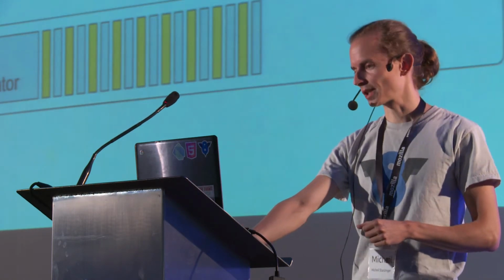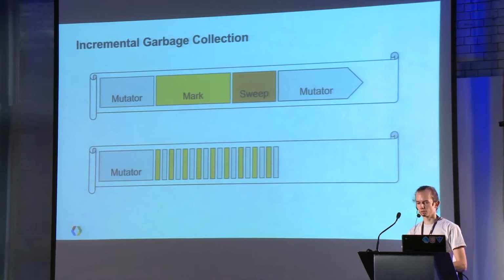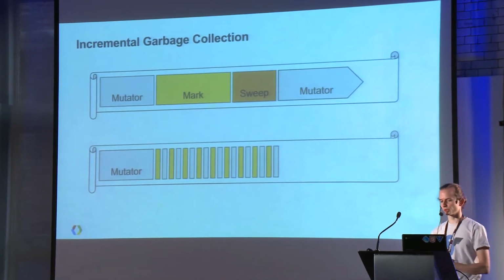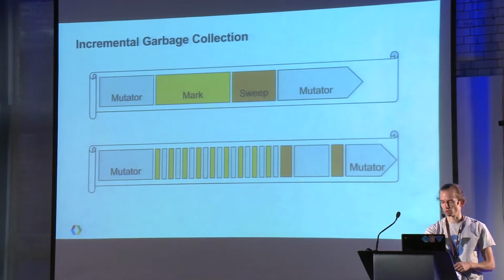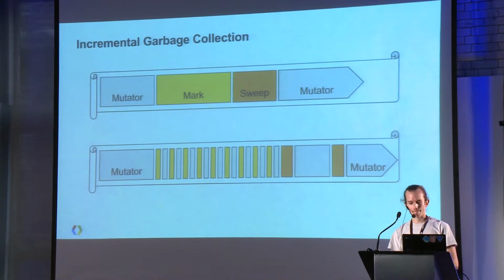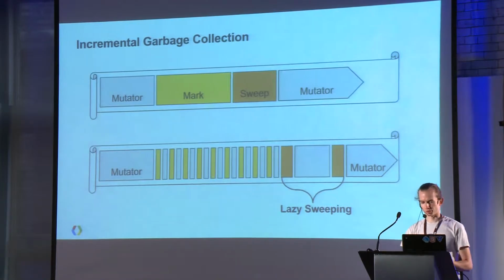So that's basically how we can achieve incremental marking, interleaving the marking steps with the mutator. We can do the same thing with the sweeper. That's called lazy sweeping, but I won't go into the details of that.